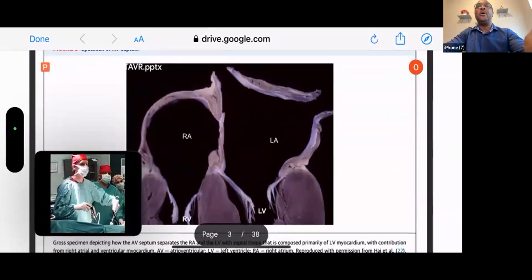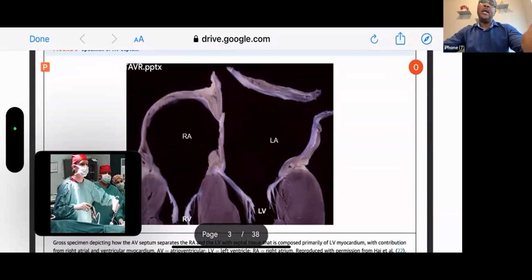I wanted to show this slide for those of us who still remember our anatomy. The AV node is at the lower part of the interatrial septum. And if you remember from congenital, the tricuspid valve, as opposed to the mitral valve, is more apically displaced.